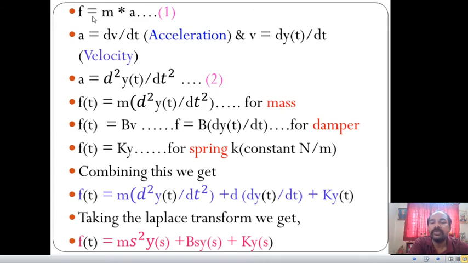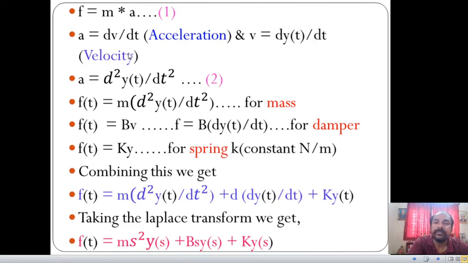We can see over here, F is equal to, according to Newton's second law of motion, mass into acceleration. Acceleration is given by change in velocity, that is dv by dt, and velocity is given by change in displacement with respect to time, that is dy of t upon dt.